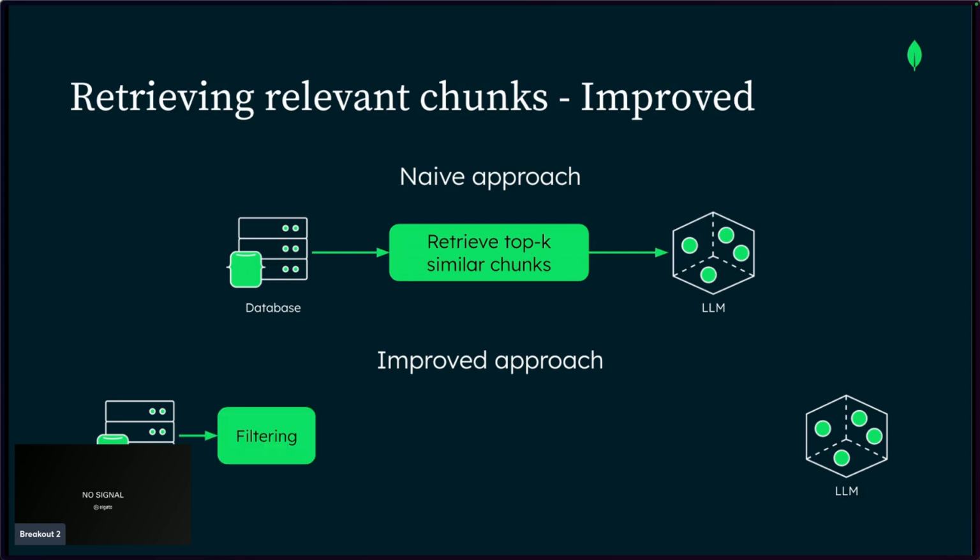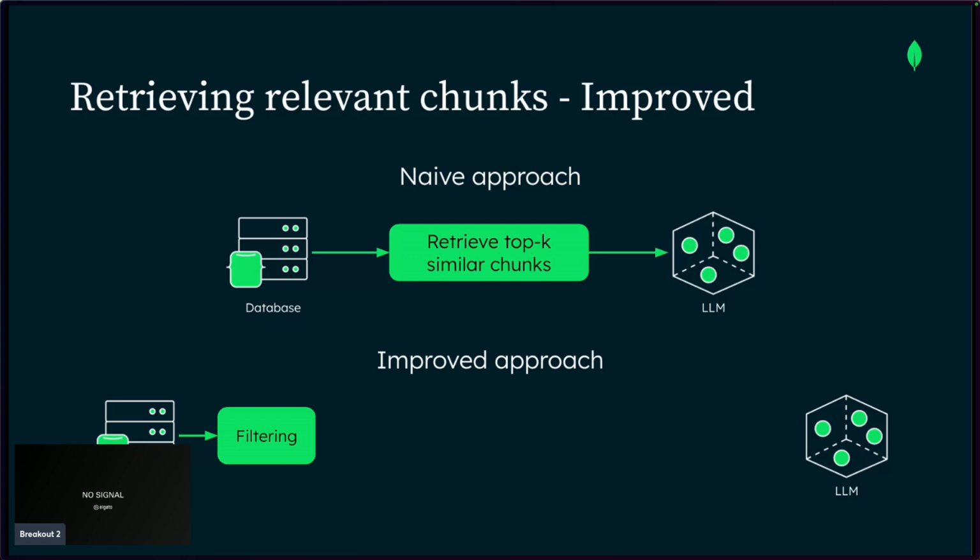The first thing that we could do is add a filtering stage. What if we had extra metadata in our database that allows us to define which chunks we know are relevant to this query and which chunks aren't? If we could filter out a bunch of chunks before even going into vector search, that would save us a lot of time, and it would result in lower latency and cost savings as well.